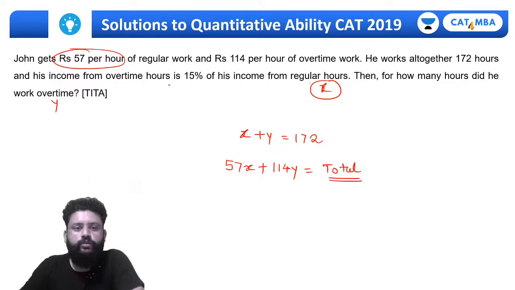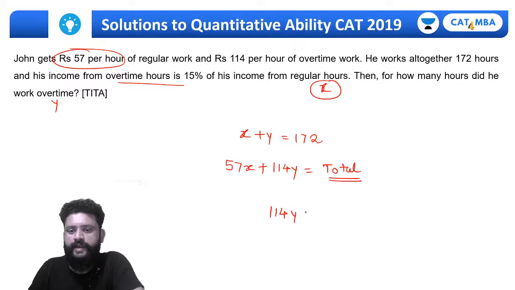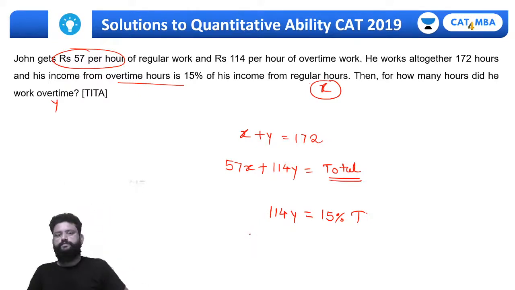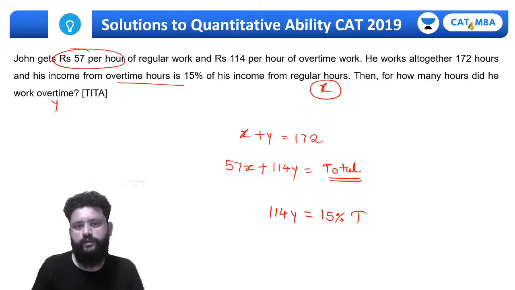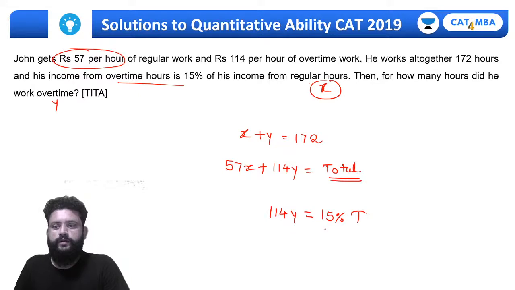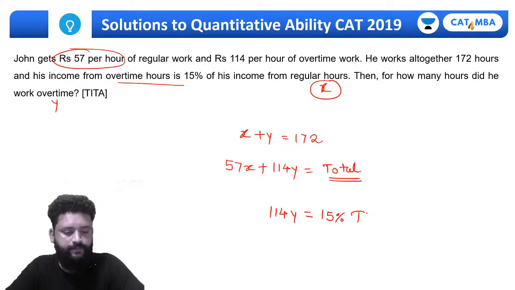One equation we know, that is the income from overtime hours is 114y. 114y is 15% of total. Any answer?